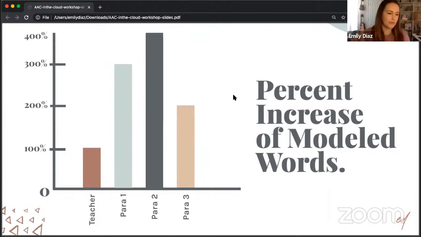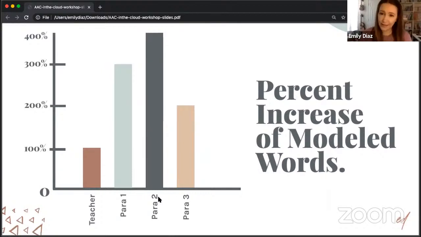So let me give you some of the numbers here. I think the most shocking one is para number 2 here. Everyone always says, woohoo, para number 2. So para number 2 started the coaching in the classroom modeling 14 words a day on average. So this is after we've done that preliminary training. That's not coaching, that's just a 1-hour training. 14 words a day.